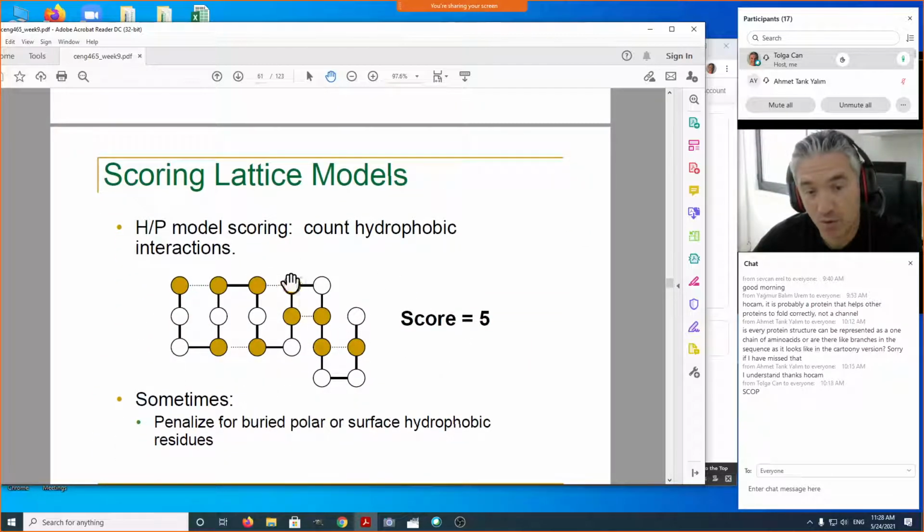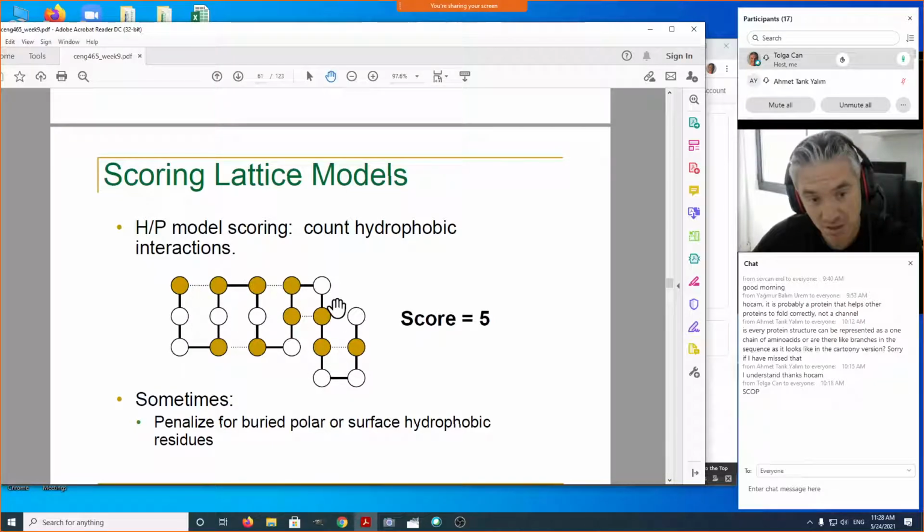They try to solve the protein structures in 2D, for example, by trying to first find how the amino acids are going to be located with respect to each other, whether they're going to be close. For example, every amino acid you can label as hydrophobic or polar. So this is the HP model, hydrophobic polar.